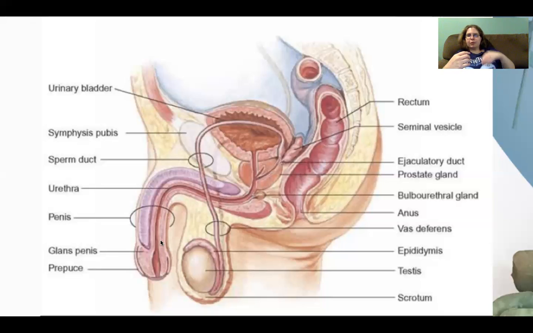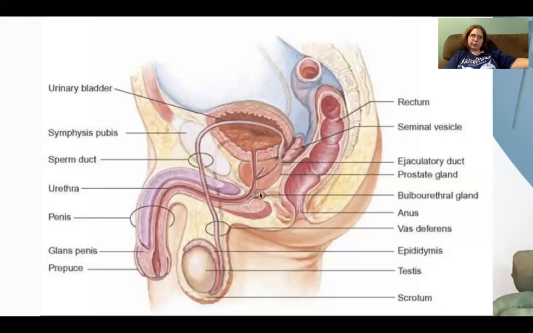So remember, in females, the urethra and the vagina were completely separate, I don't want to say tunnels, but openings. In males, the vas deferens will meet up with the urethra, and the urethra is used for both reproduction and waste removal. So the sperm and the semen will then move to the urethra.